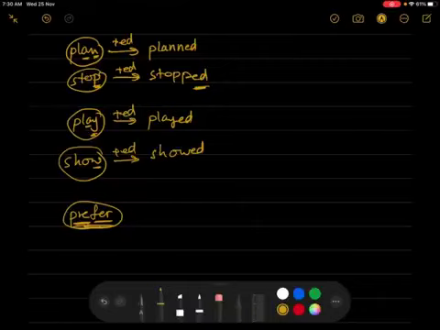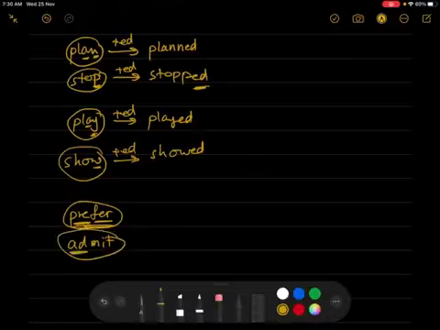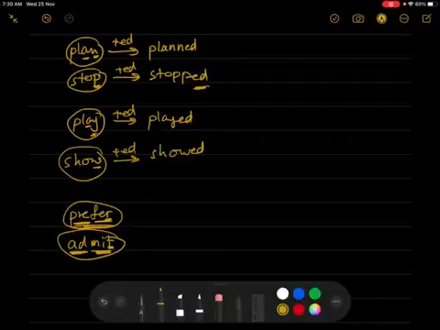Pre, that's one syllable. Fer, that's the second syllable. Okay. Admit. Ad, first syllable. Mit, second syllable. So in verbs that contain two syllables, the consonant at the end of the verb, which is the r in prefer, and t in admit, is doubled.